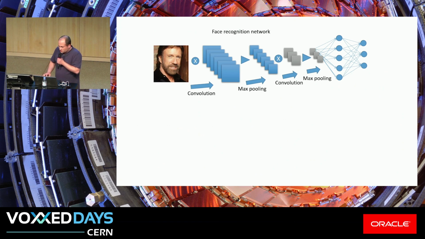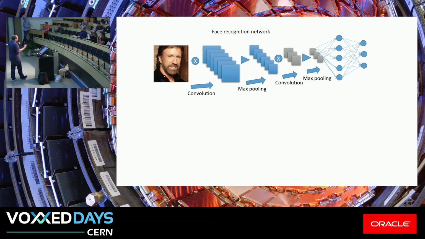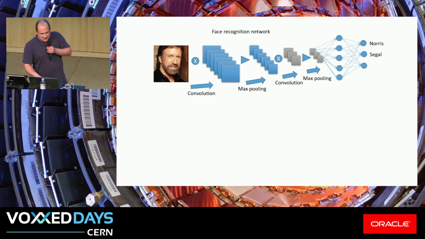What we know about the previous network is that it is quite tricky to train this kind of network, but we also know that it's quite simple to train a network for classifying celebrities like Chuck Norris, Steven Seagal, or other legends.